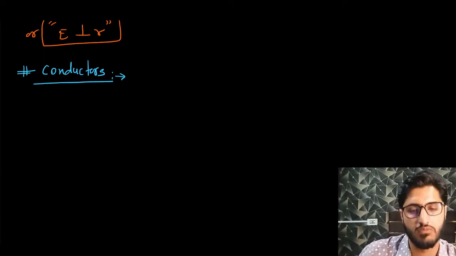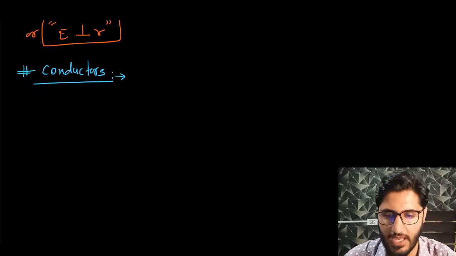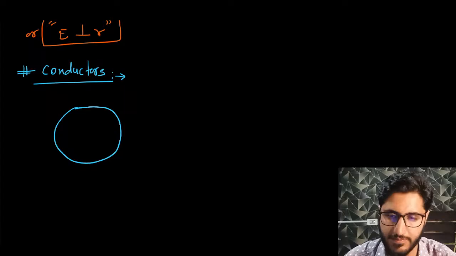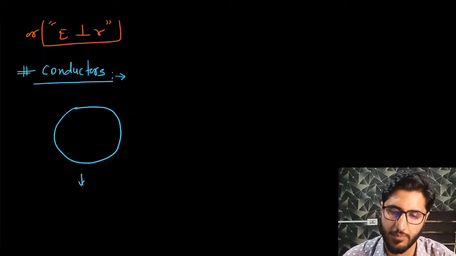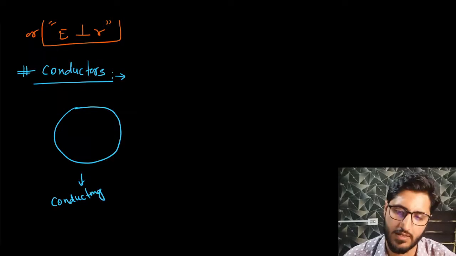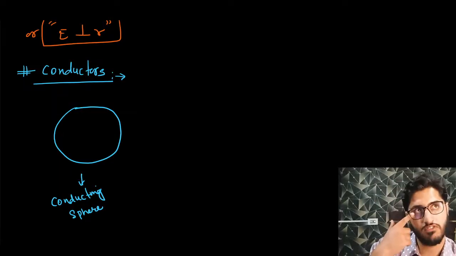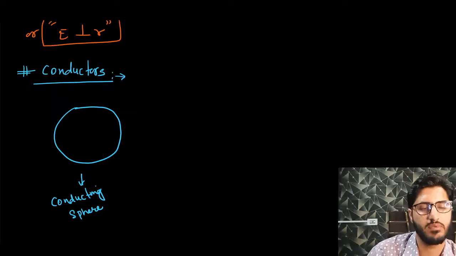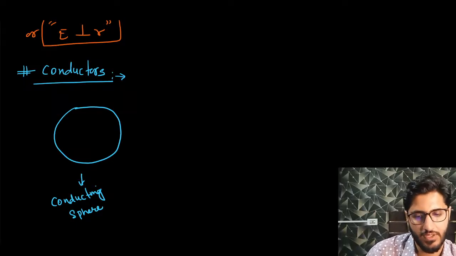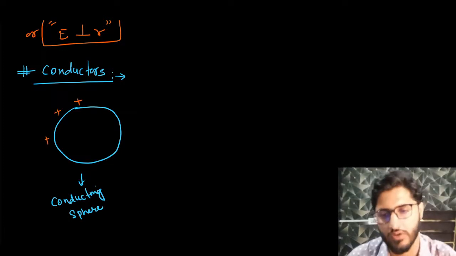If we have a conducting sphere, as this figure represents, then as you have taken in the first class, where we discussed the behavior of conductors and non-conductors, the charge will reside on the outer surface only.